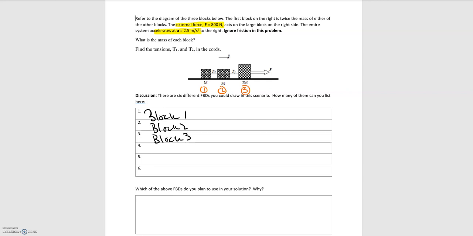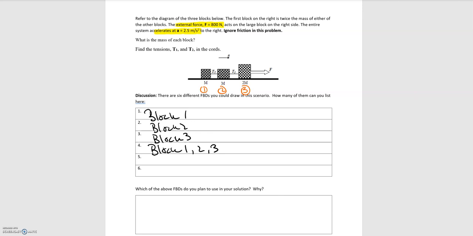Then we're told information about the entire system, and so the entire system would be, if we were to draw a free body diagram for all three blocks, and that's our entire system. So block 1, 2, and 3 together.